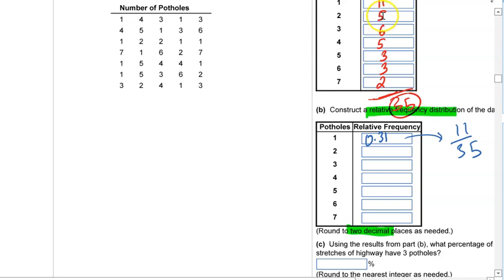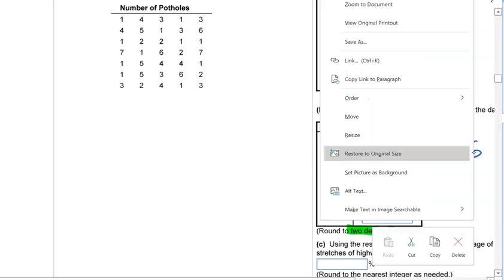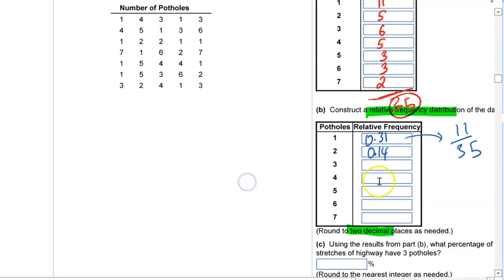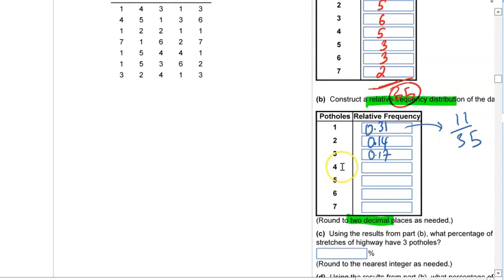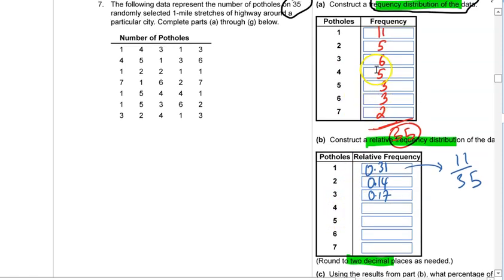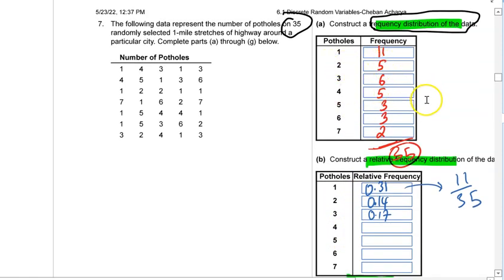Similarly, you can find the relative frequency of 2. You divide 5 by 35 and get 0.14. For 3, the relative frequency is 0.17. The relative frequency of 4 is 0.14, because you have the same frequency for 2 and 4.